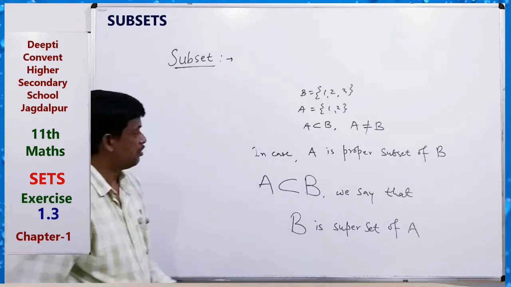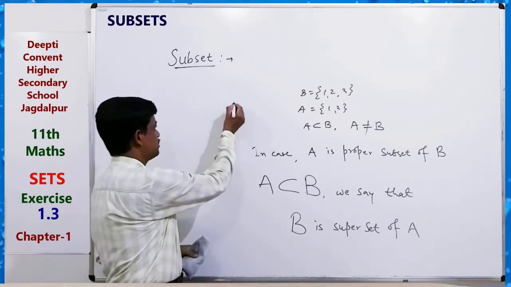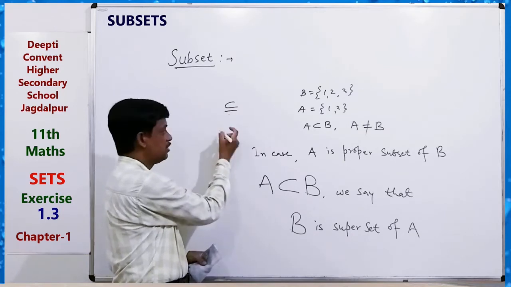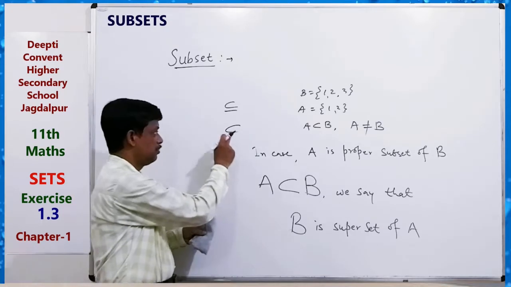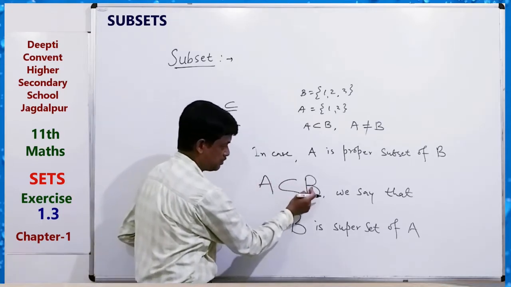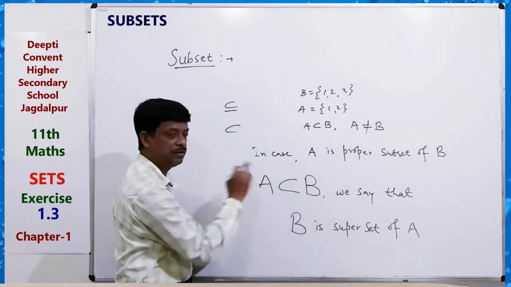This is the symbol for subset or for proper subset. Clear? If A is proper subset of B, then B is superset of A.